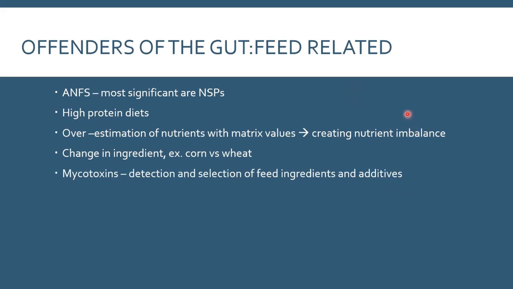So also important to note here is that mycotoxins, as we mentioned, are present everywhere, but detection and selection seem to be at a stage where we have some choices, but we don't know which ones are the best.